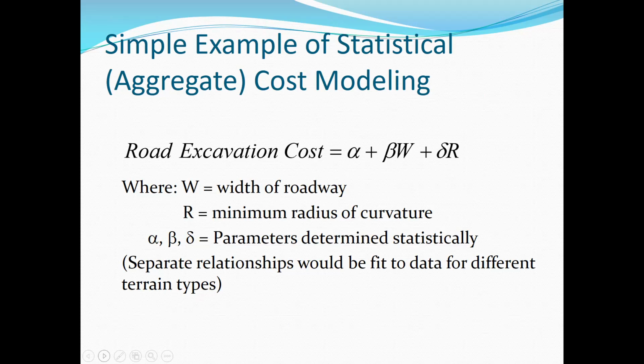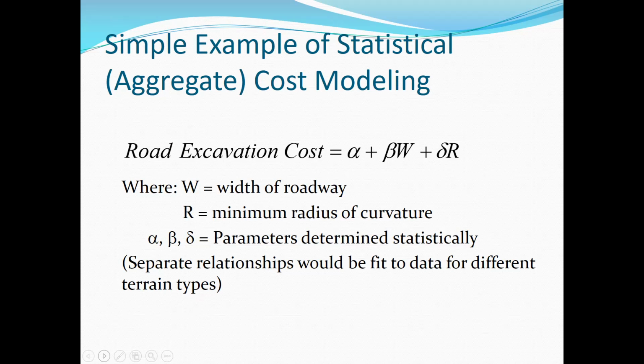W is the width of the roadway, R is the minimum radius of curvature, and then you fit a regression model using these two parameters and estimate alpha, beta, and delta using some statistical regression type model. And then you can do separate relationships fit to data for different terrain types. You could do that too, and then use that model to come up with costs.